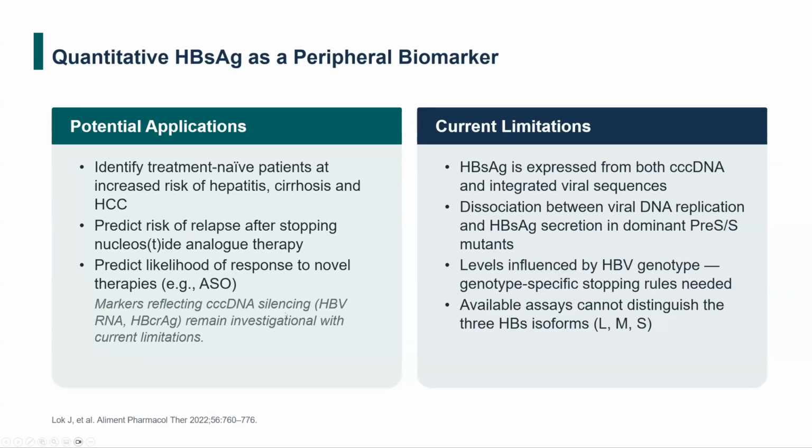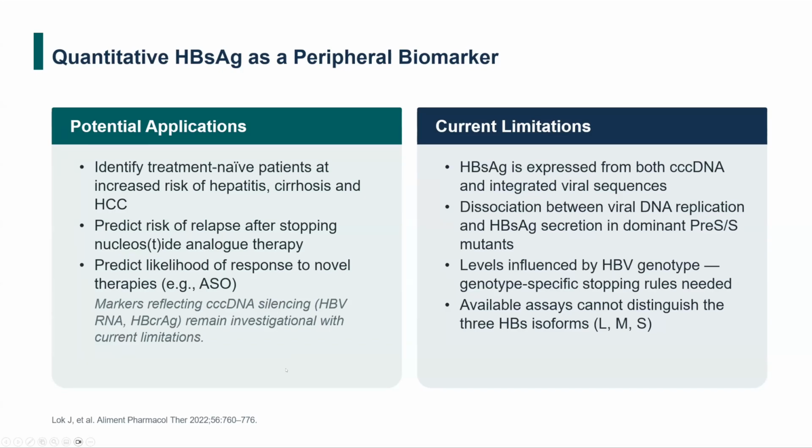Identifying patients at higher risk of disease progression, such as cirrhosis and HCC, is one of the potential applications of quantitative HBs antigen testing. And also predicting relapse after stopping nucleoside or nucleotide analogues.